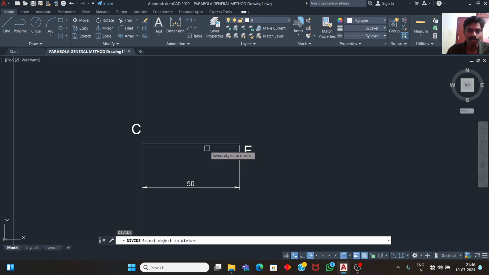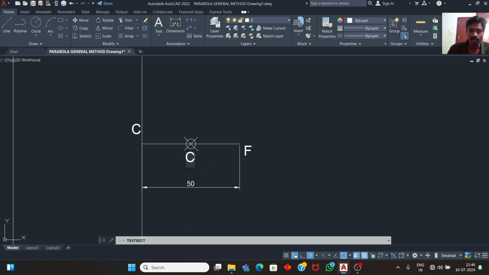Select the object to divide, means this line, and enter the number of segments. How many segments? Two segments. Enter. Okay, this is the point. We need to mark it as a vertex. We can denote it by V.